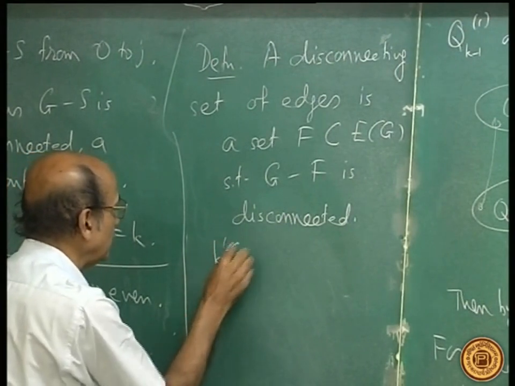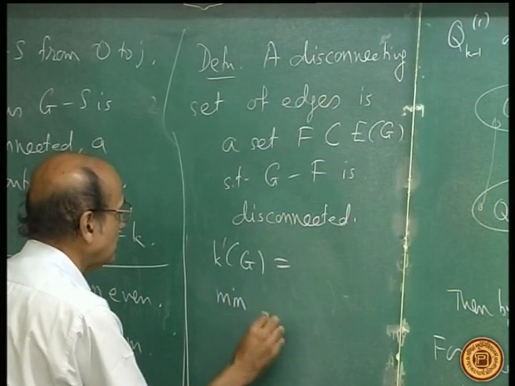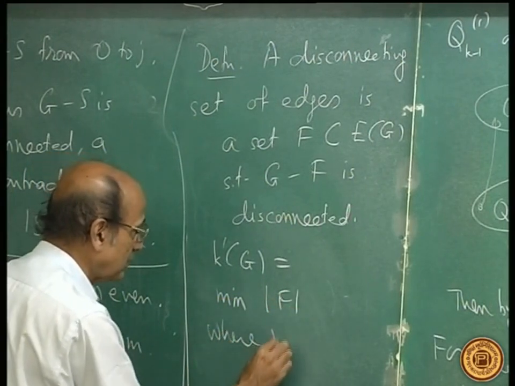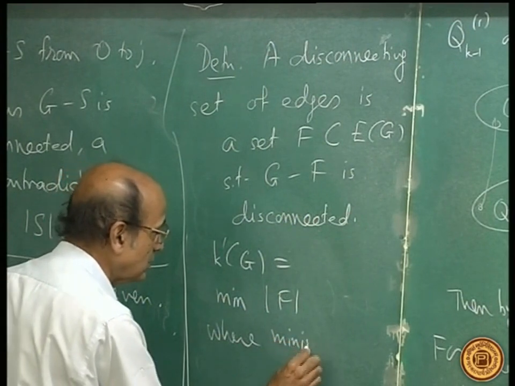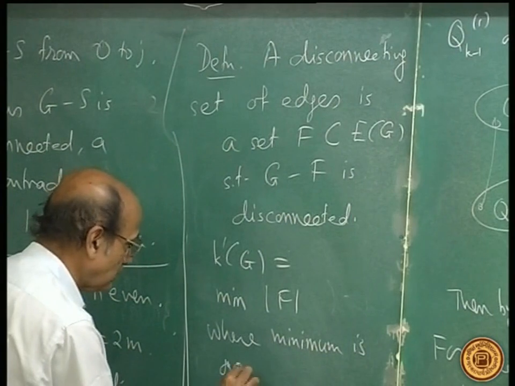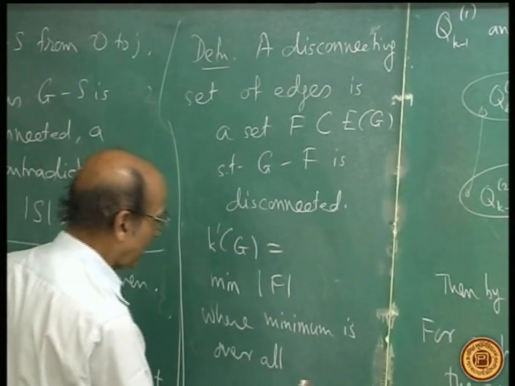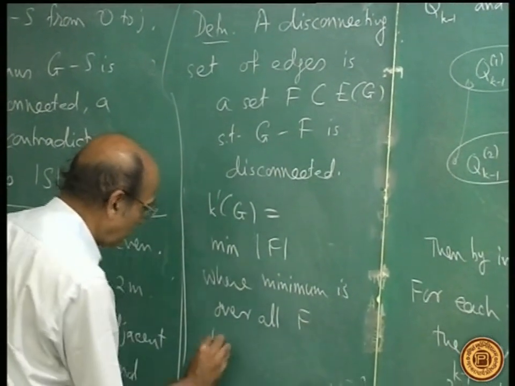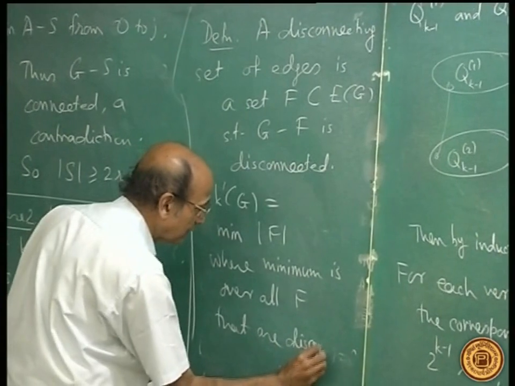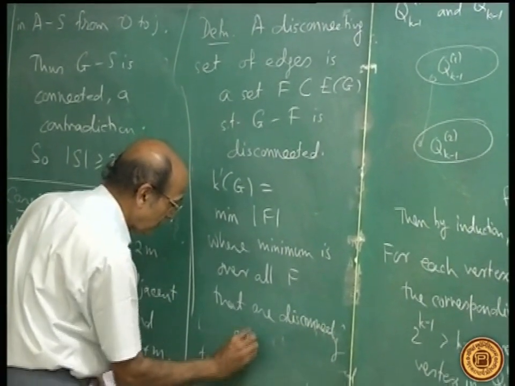K prime G is the minimum size of F that is a disconnecting set of edges.